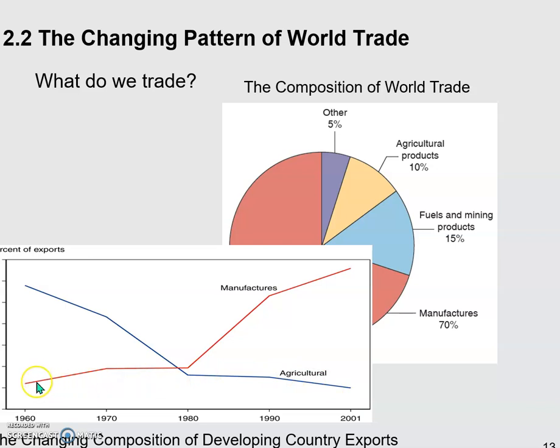Okay? During the same time, their exports of manufacturers to the rest of the world rose substantially, okay, from about 10% all the way up to above 65%.